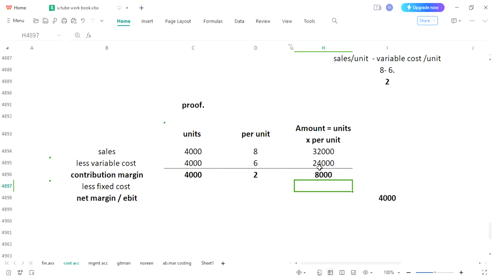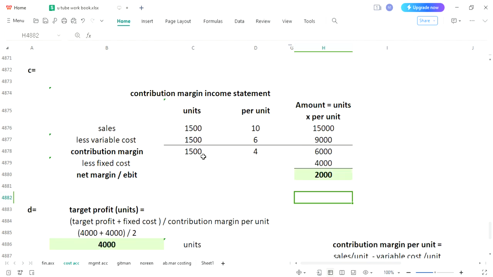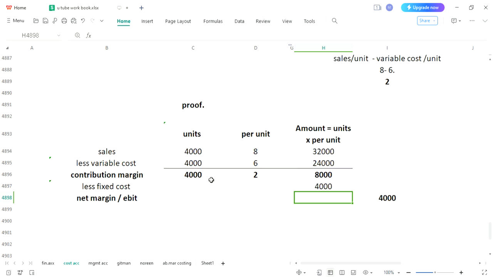It would always remain the same. Kindly understand that here you are producing 4,000 number of units. Previously you were producing 1,500 units. So for 1,500 you used 4,000, and for 4,000 number of units you are using 4,000 fixed cost. It means that fixed cost will remain fixed.